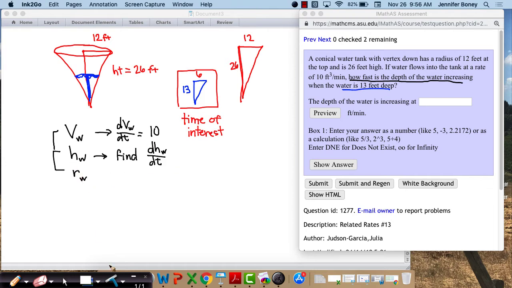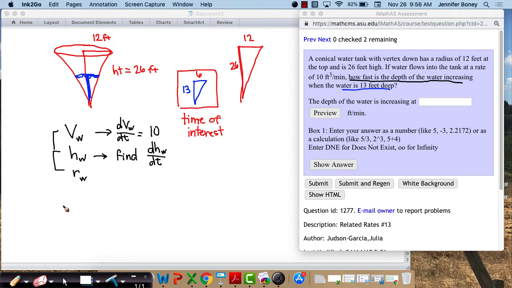The radius, it doesn't tell us how the radius is changing, but I know if the height's changing, the radius is going to be changing because they're related. But I just really wanted to point out this relationship between the height and the radius is going to remain consistent in the triangle, or in the cone, no matter how full it is with water, because of this triangular cross-section idea, where you think of the whole triangle or this right triangle portion of it.